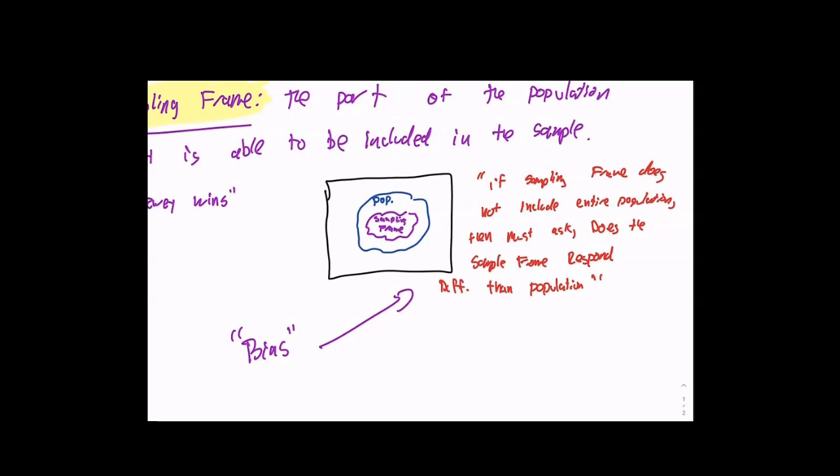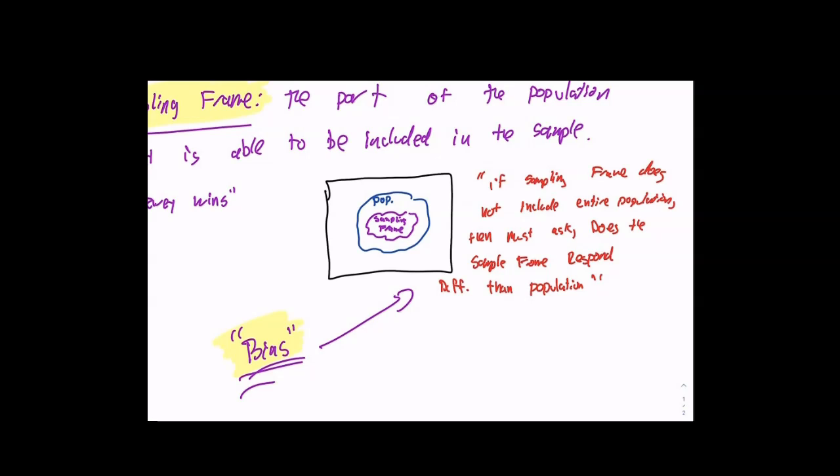And if we know that's going to occur, or that it's more likely to occur, this is the idea behind bias. And this is a big vocabulary word. We'll define it a little bit more. But in a nutshell, it's the idea that the responses that you gather are different than those of the population.